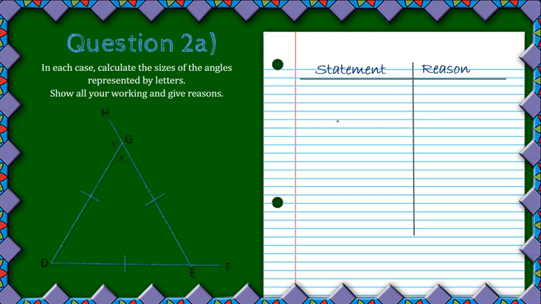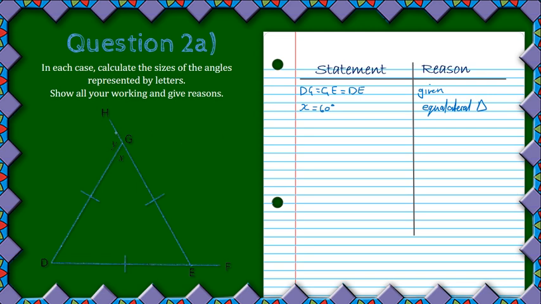So that means that if I just state that DG is equal to GE is equal to DE, and just say that that's a given, therefore X will be equal to 60 degrees, because we've seen that in an equilateral triangle all the angles are equal to 60 degrees. So my reason will then be equilateral triangle. Okay, that was easy enough.